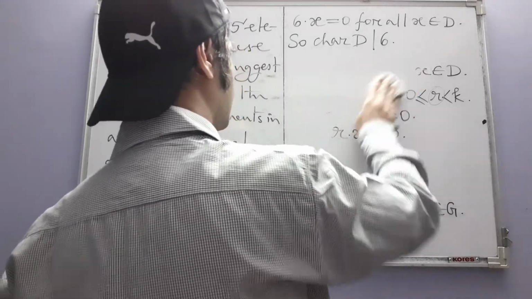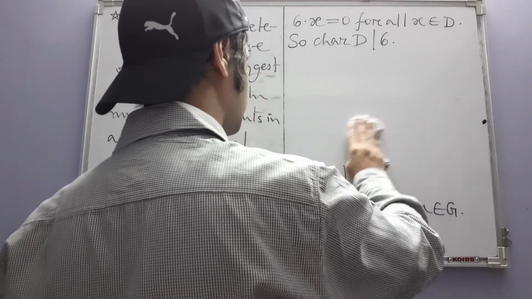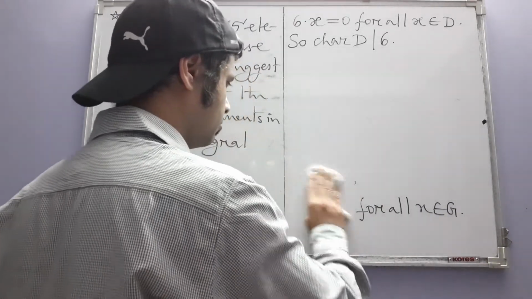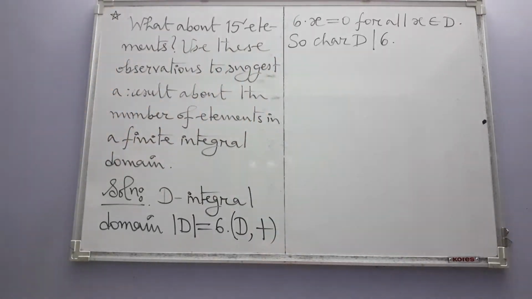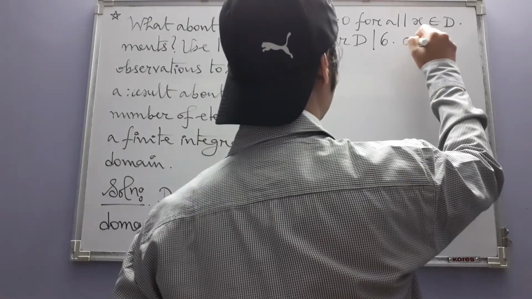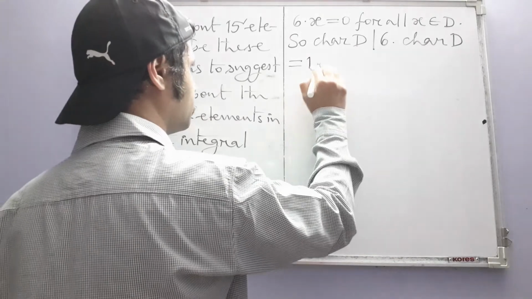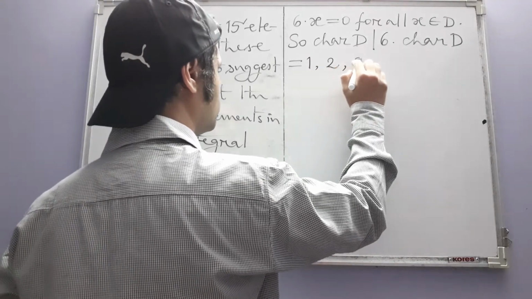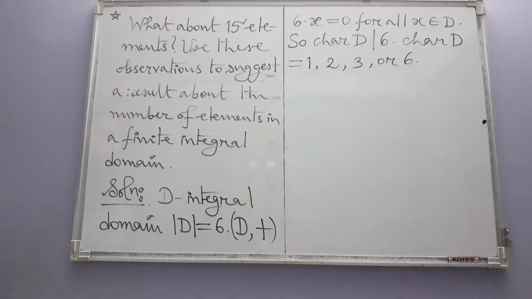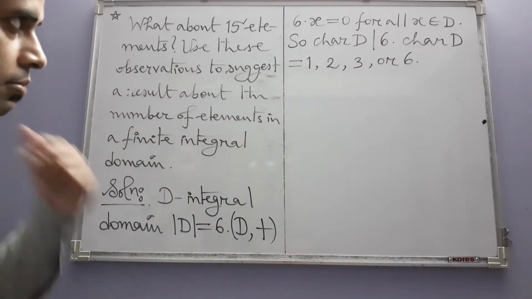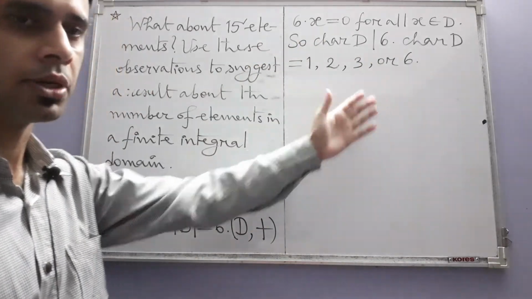So there are exactly 4 possibilities here. So that means characteristic of D is either 1 or 2 or 3 or 6. Okay, just from this divisibility relation we have these possibilities.